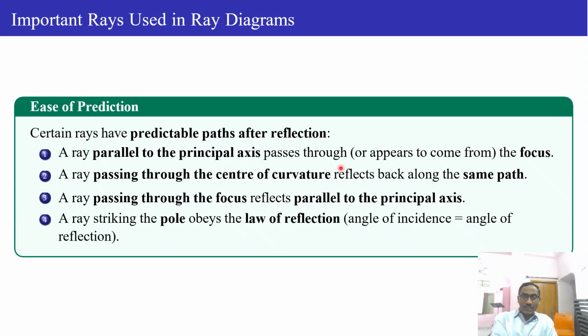A ray passing through the center of curvature will come back along the same path, because that acts as the normal at the point on the mirror. A ray passing through the focus reflects parallel to the principal axis. All these we will see in the diagrams.